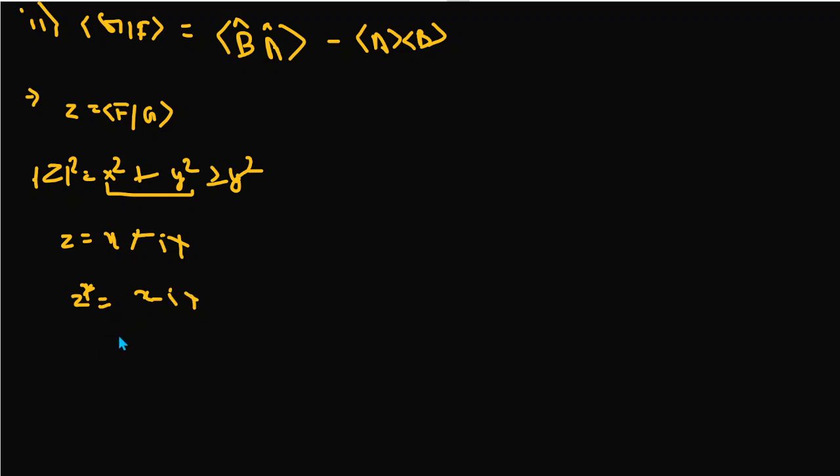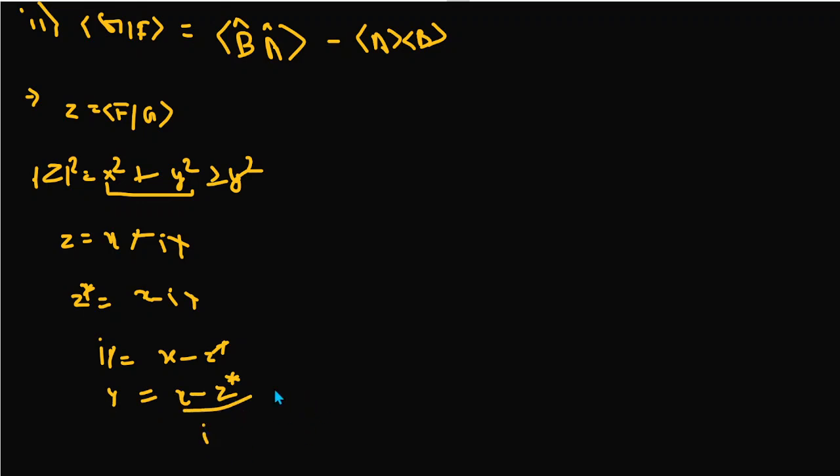So from this, how can you write y? From this we can write iota y is equal to z minus z complex conjugate, and y is equal to z minus z complex conjugate divided by iota.